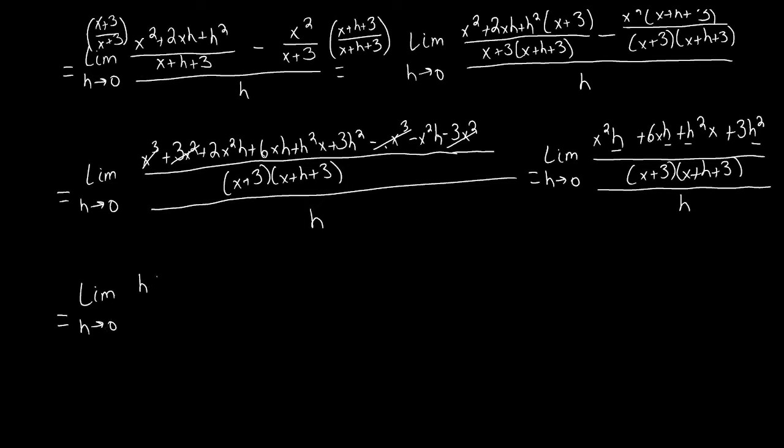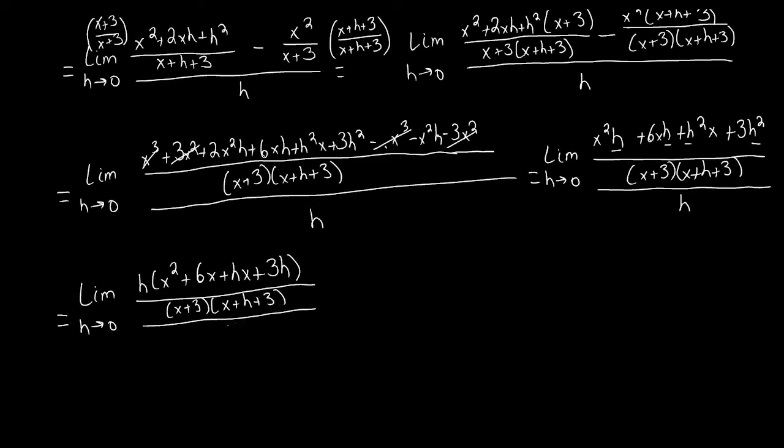So we get h times x squared plus 6x plus hx plus 3h. And this is all going to be over still that same LCD that we had right here. And then like we said, this is still going to be over h, but what we're going to do is multiply by the reciprocal of the denominator, doing keep, flip, multiply. So we have 1 over h being multiplied to the numerator and denominator.